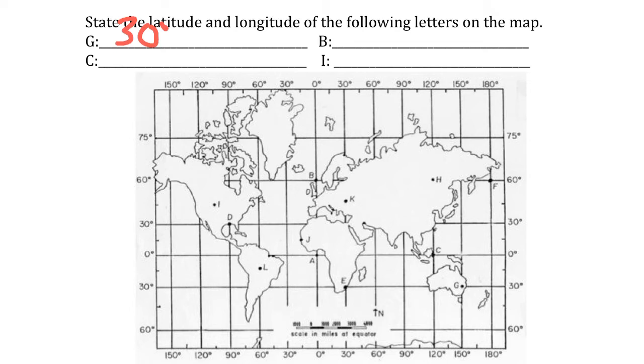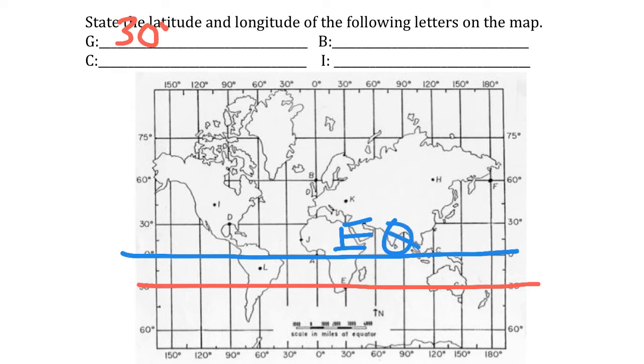Because remember, this latitude line runs parallel to the equator. Whereas the equator is right here. So I am going to actually label on my map, and you should too, the equator, so that way we remember that horizontal line is the latitude line, the equator.